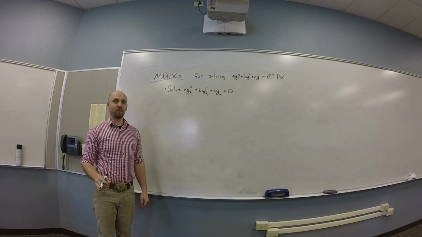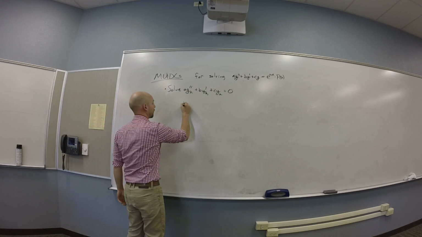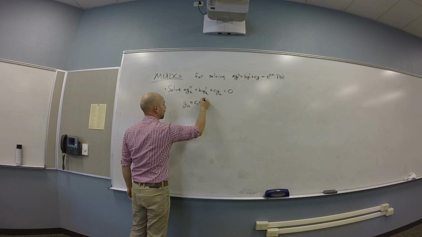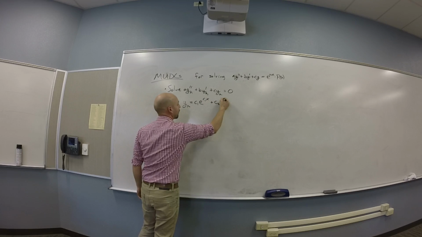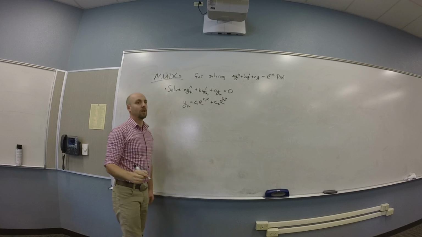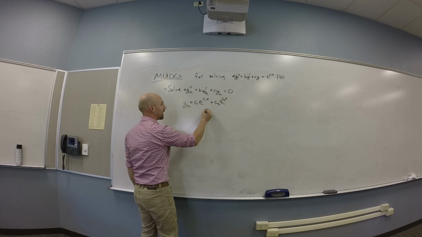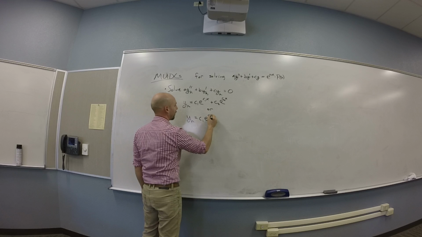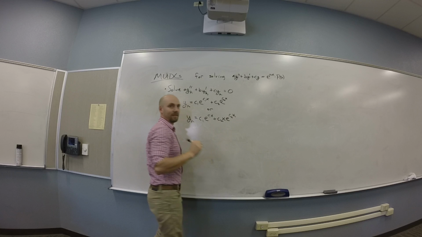You are going to get out of that y_h equals C1 e to the r1 x plus C2 e to the r2 x. You might have an x on one of those e's. So you might get y_h is C1 e to the r1 x plus C2 x e to the r2 x.